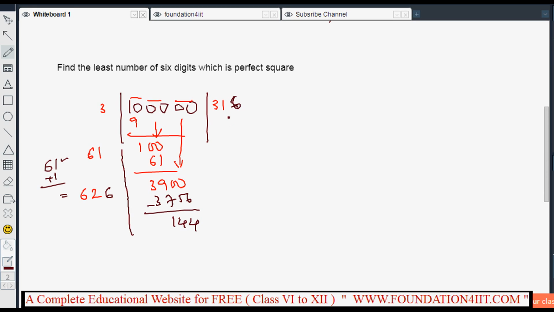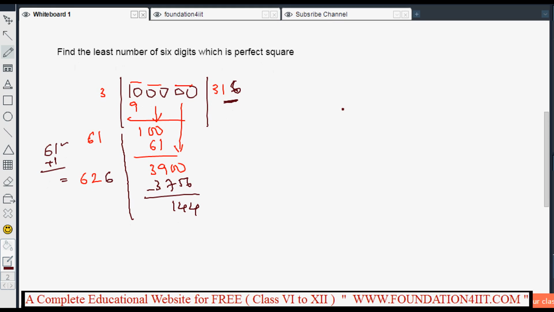Now what we got, 316 we have. So for 316 also something we need to subtract. That means the next number is 317 square. Therefore the required 6 digit perfect square is nothing but 317 whole square.